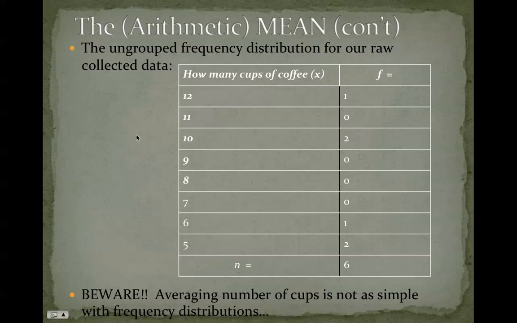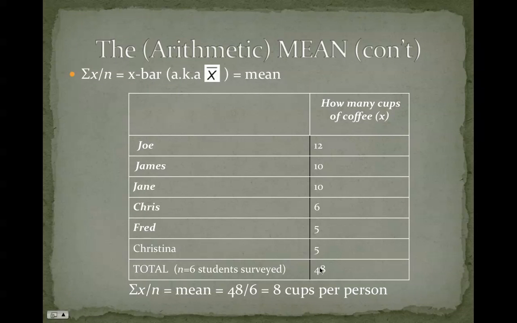So now we also have something called the ungrouped frequency distribution for our raw collected data. Okay? So essentially this is raw data. This previous table that I showed you with the names written down and the number of cups of coffee they've had. Essentially what you've done here, if you collected this survey data, was you wrote down a person's name, or likely a person's ID number.